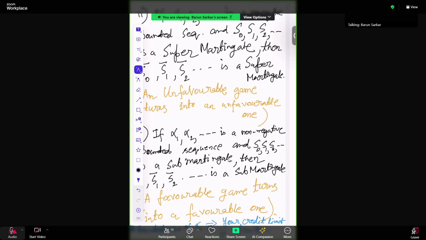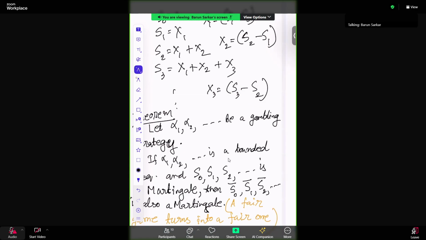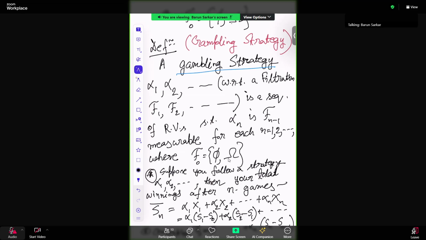So how are these things defined? Sn bar is Fn measurable, right?